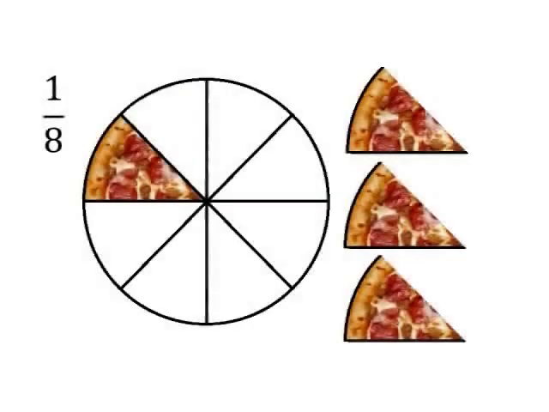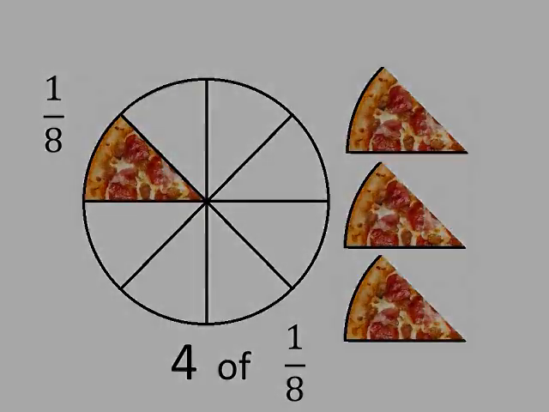Say we have 4 slices of pizza, which is 1/8 of the pizza per slice. How much pizza do we have? So sa example na to, instead of getting a portion or piraso ng 1/8, meron kang 4 of the 1/8. To solve this, we will multiply 4, which is whole number, times 1/8.